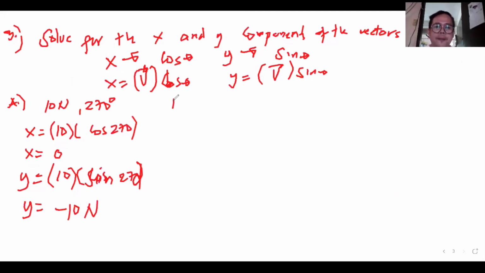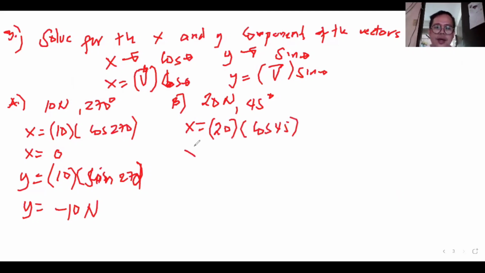Let's go to B. Your B is 20 Newton, 45 degrees. This is our B. So X natin will be 20 multiplied to cosine 45 and X will be equal to, isolve natin ra.